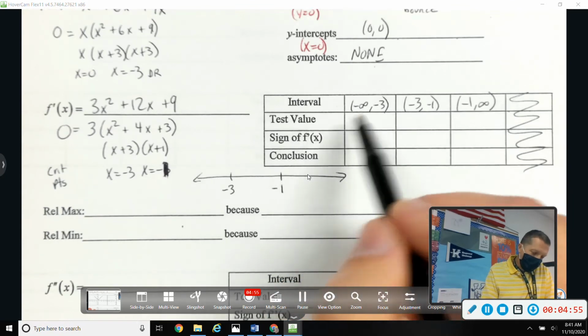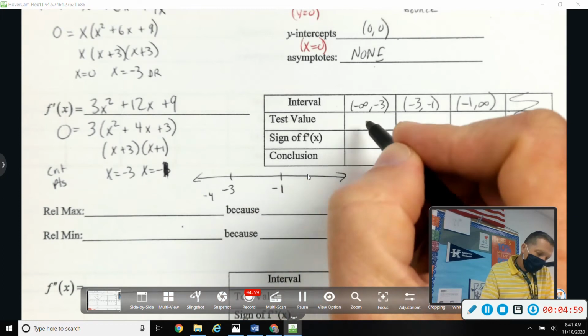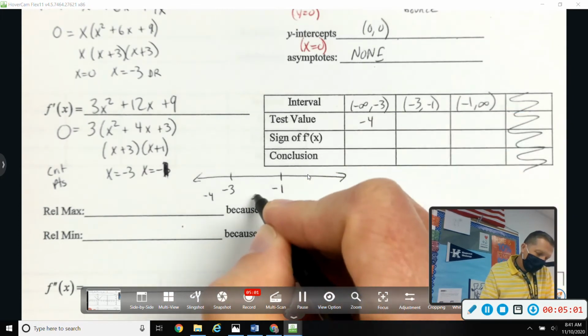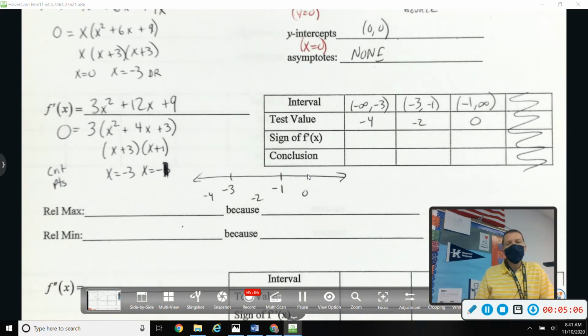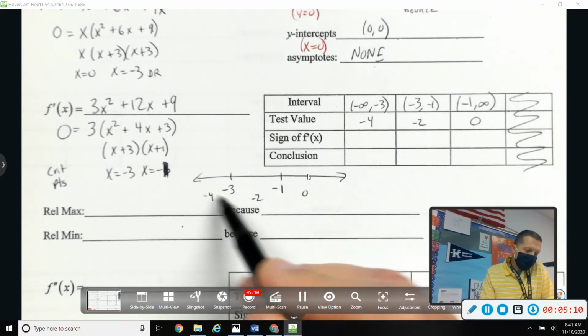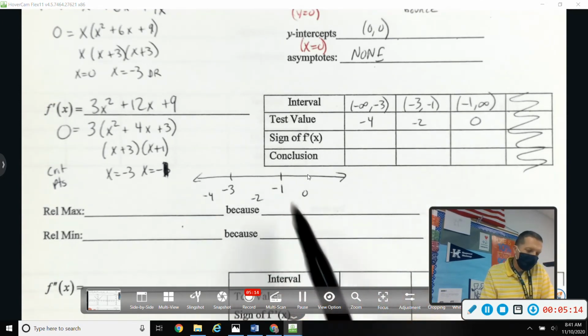Test value. Okay, so this is like walking us through the first derivative test here. Negative 4, negative 2, and 0. Again, you could get by without the number line because this is walking you through it, but I'm used to the number line, so I still want to see it.